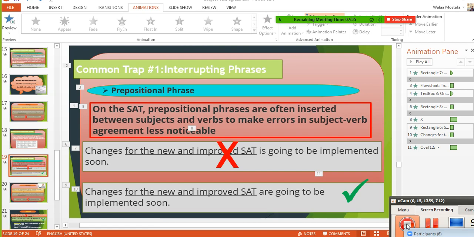Can you correct this sentence? Yes, I can. Okay, go on. Changes are going to be implemented soon. That's right. The changes are going to be implemented soon. I changed the verb to agree with the subject. The subject is plural, so the verb is plural too.